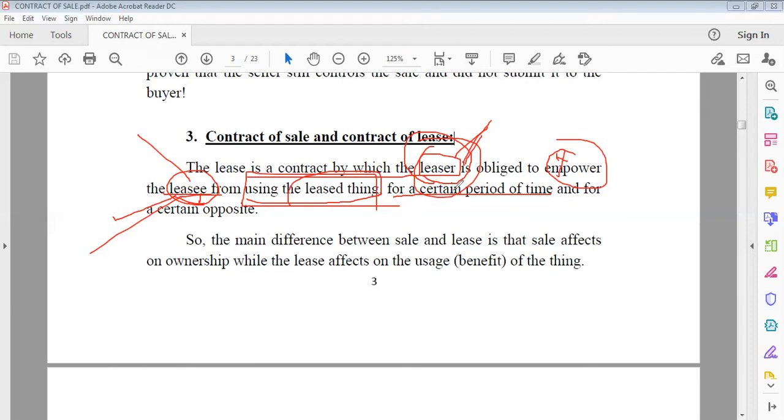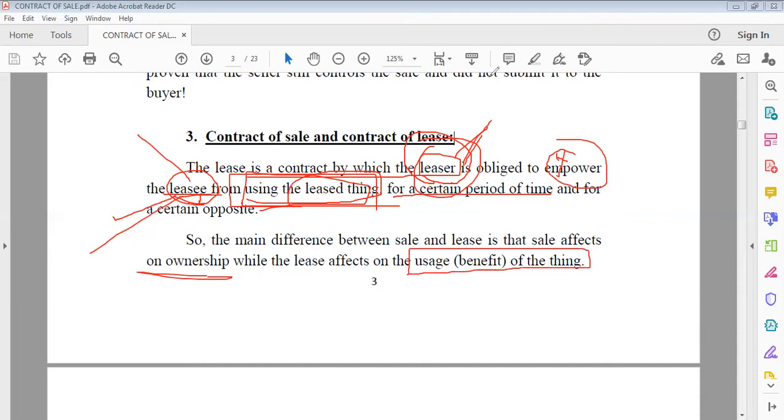However, in the contract of lease, the lease doesn't affect the matter of ownership. It only allows the leasee to use the leased thing. So it doesn't give him ownership. However, it only allows him to use it or to get the benefit of that thing.